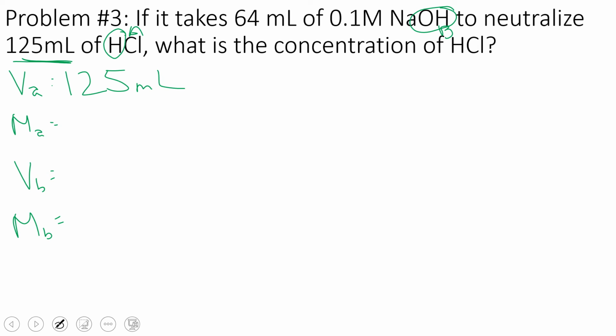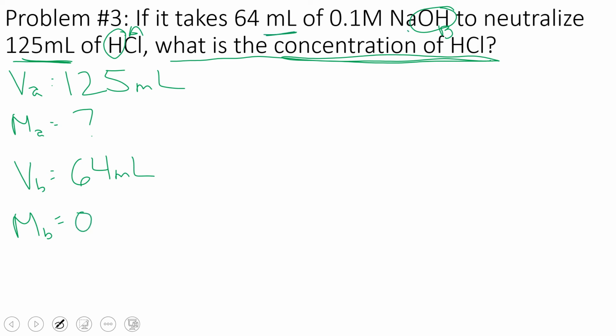Yeah, some of you are pointing to this. This is my question: what is the concentration? So I don't know what this is. That's my question mark. Volume of the base? Yep, just like we were thinking, 64 milliliters goes with this NaOH, and milliliters tells me it's a volume, which means my last value is a 0.1 molar concentration.